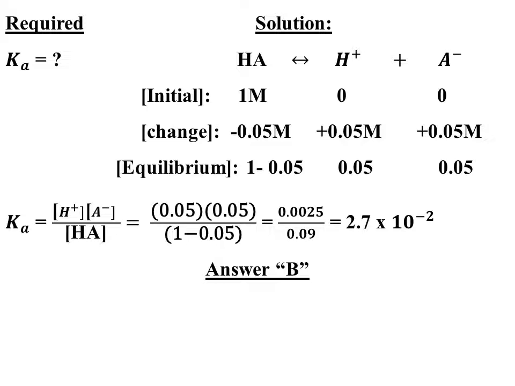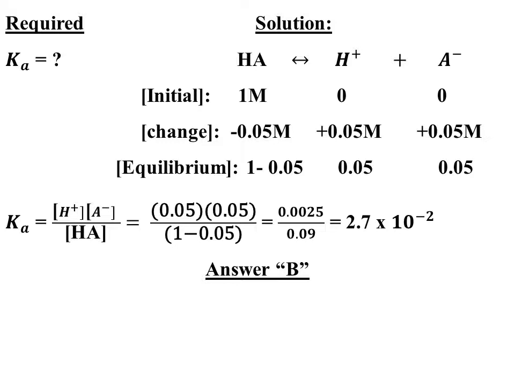The equilibrium concentration of the acid HA is 1 minus 0.05, the concentration of H+ is 0 plus 0.05, which equals 0.05, and the concentration of A- at equilibrium is 0 plus 0.05, which equals 0.05 molar.